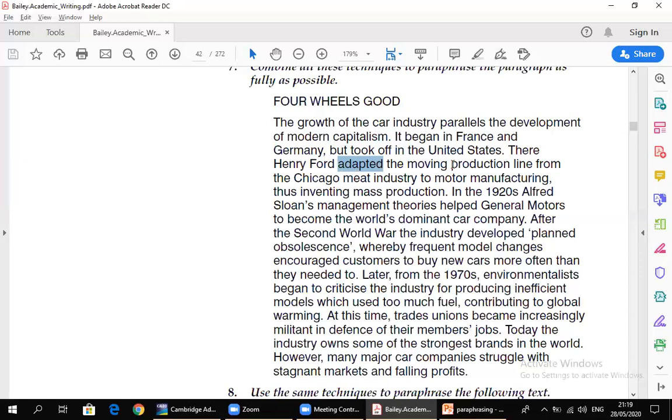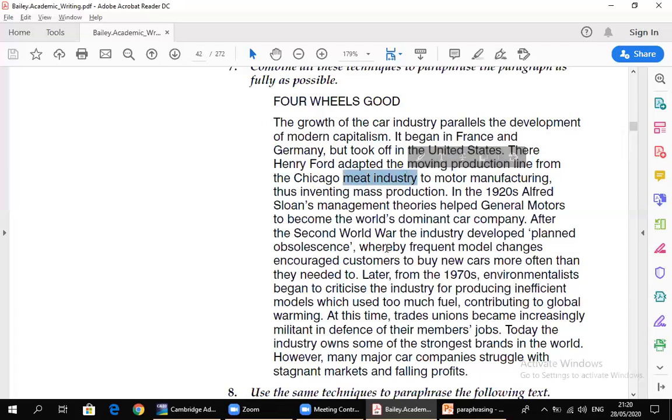Okay, production line. What can we say about this one? Line of production. Yes, exactly. Changing word order. Bravo. Okay, from Chicago meat industry to motor manufacturing. Meat industry.